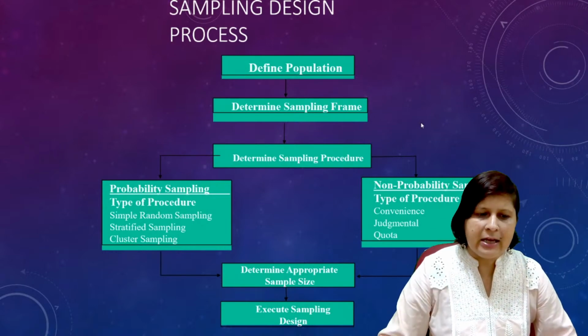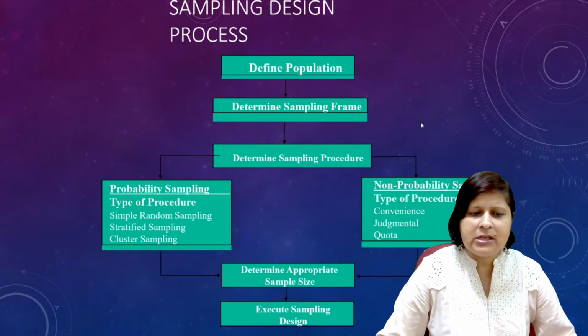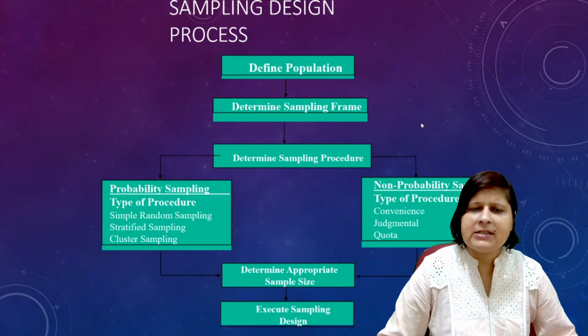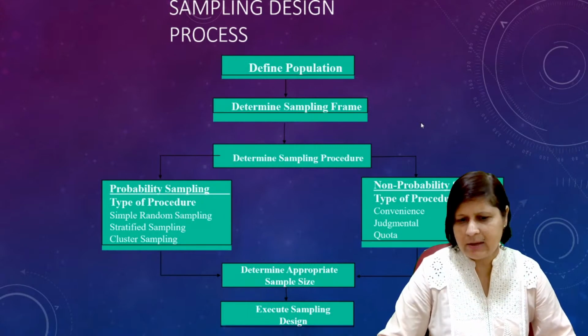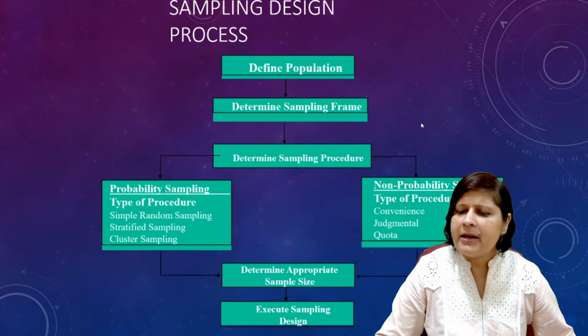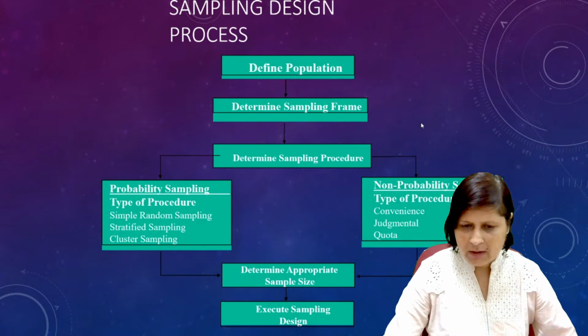Probability sampling techniques include simple random sampling, stratified sampling, and cluster sampling. Non-probability sampling includes convenience, judgmental, and quota sampling, right?